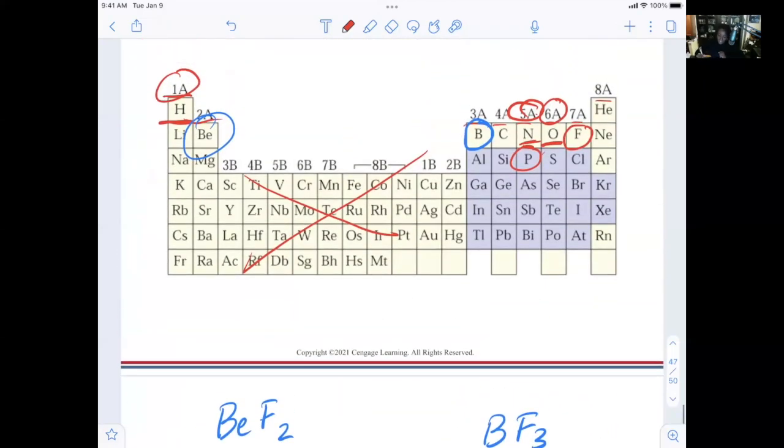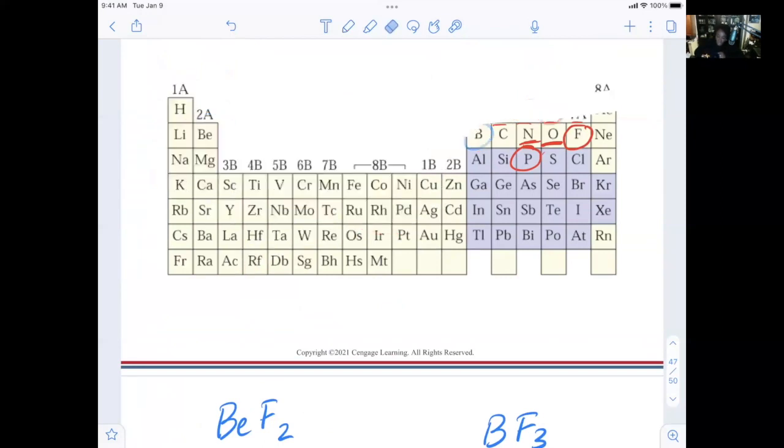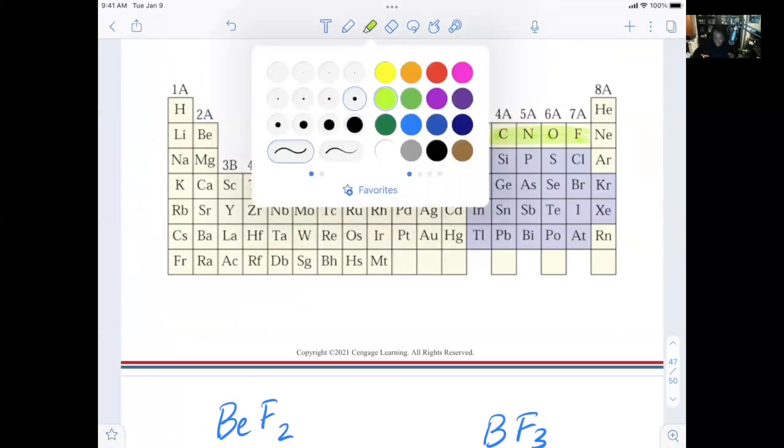So looking at the periodic table, how can we tell which elements do not obey the octet? Let's start with the ones that do, right? Just a quick summary. The poster elements for octet, SNOF, that group right there: carbon, nitrogen, oxygen, fluorine. Those elements, octet all the way. What about the other ones that do not obey the octet?